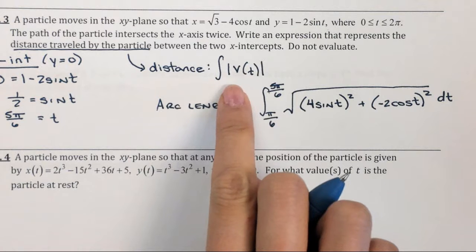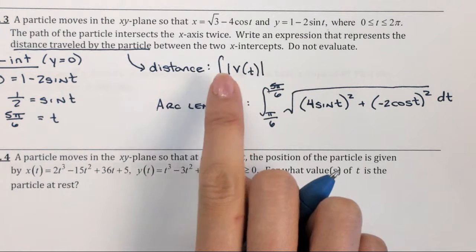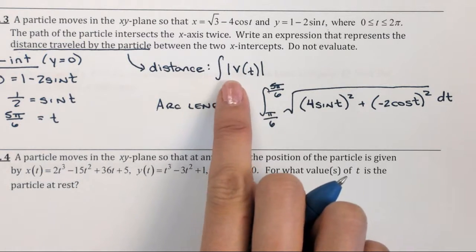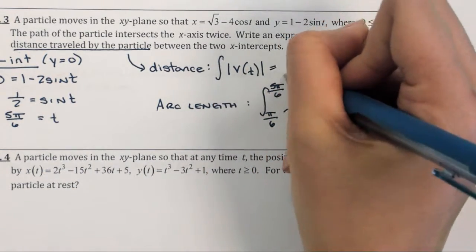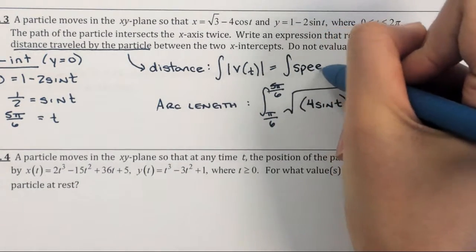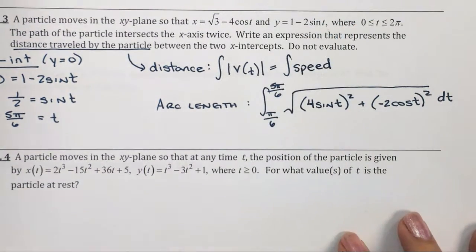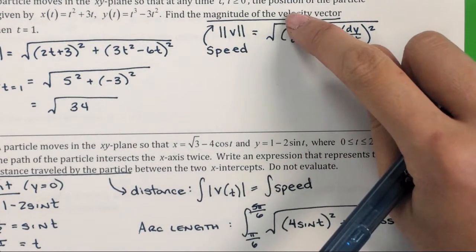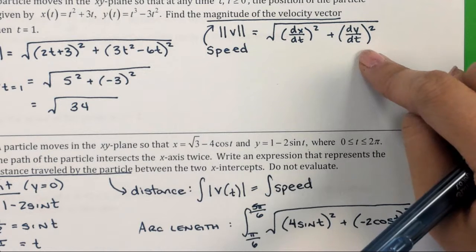That's the distance formula for non-parametrics, which is the same thing as the integral of speed. And don't forget that speed in vector or parametric form is this equation.